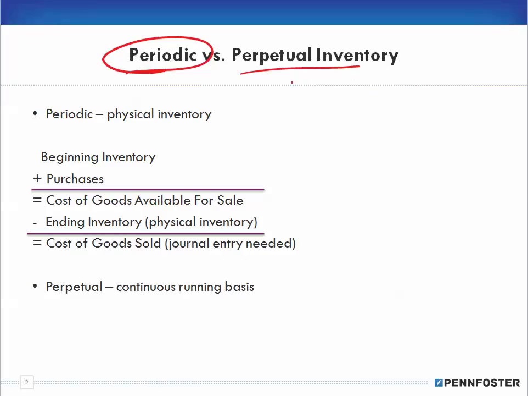As you make changes to it, you're constantly updating your inventory. So let's say you have item A, you have 10 of item A at $10, so that's $100, right? And you buy then 20 of item B at $5, so now that's $100.